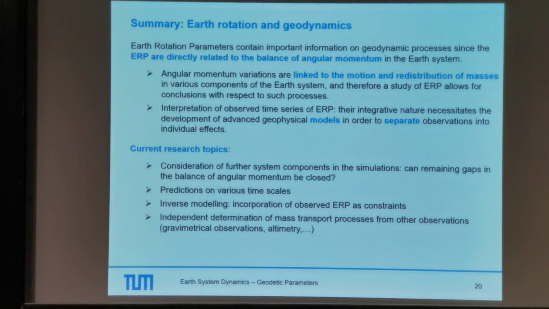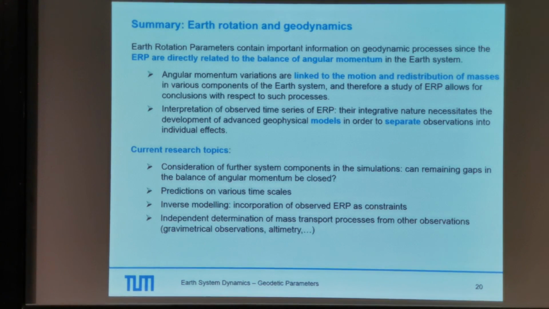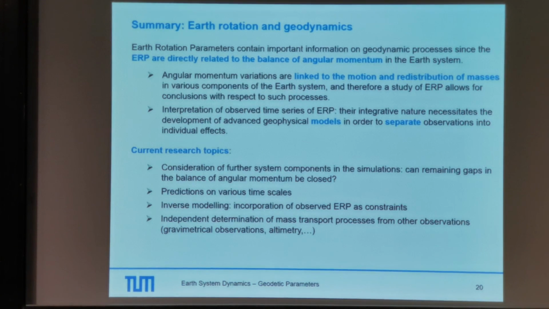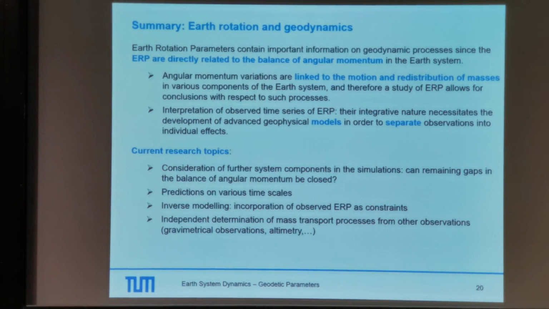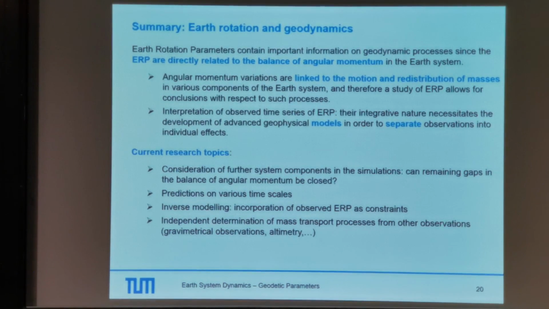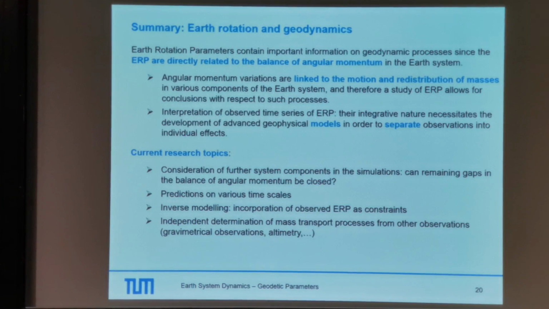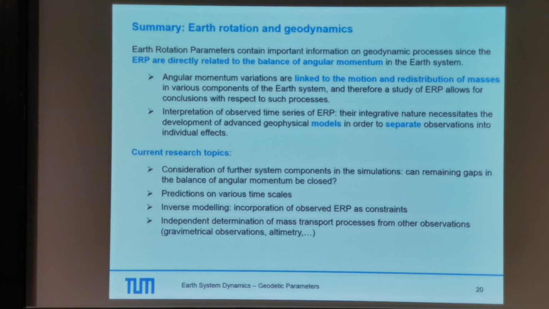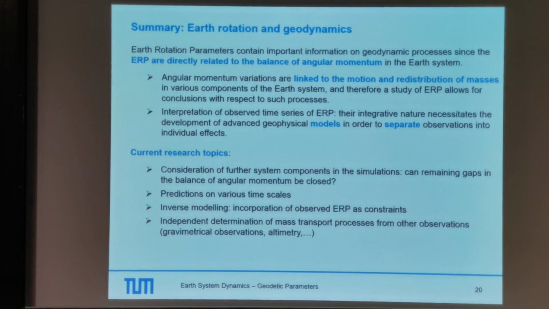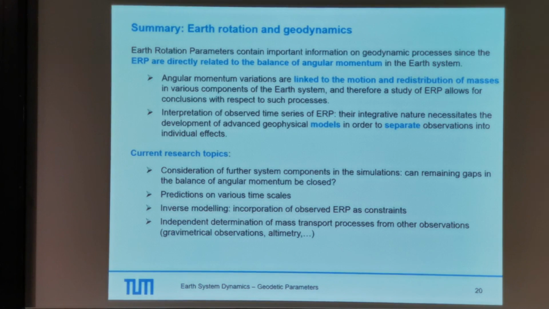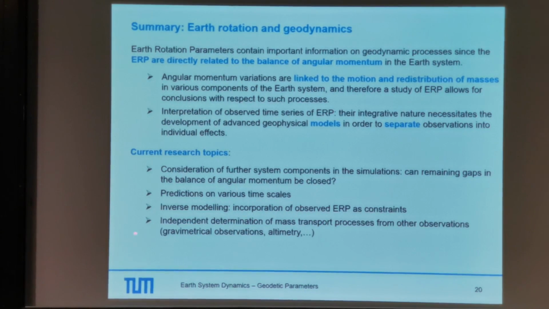Current research topics in this part are, first, the consideration of further system components in the simulations. So we have this DIMAC model, which accounts for the atmosphere, the ocean, the solid Earth, and the hydrosphere, but for example not the cryosphere or biosphere or any other subcomponent. Then prediction of Earth rotation parameters at various timescales. Inverse modeling and independent determination of mass transfers from other observations.